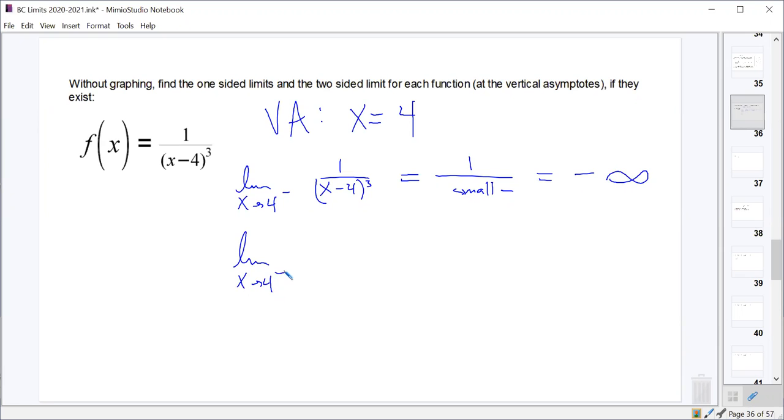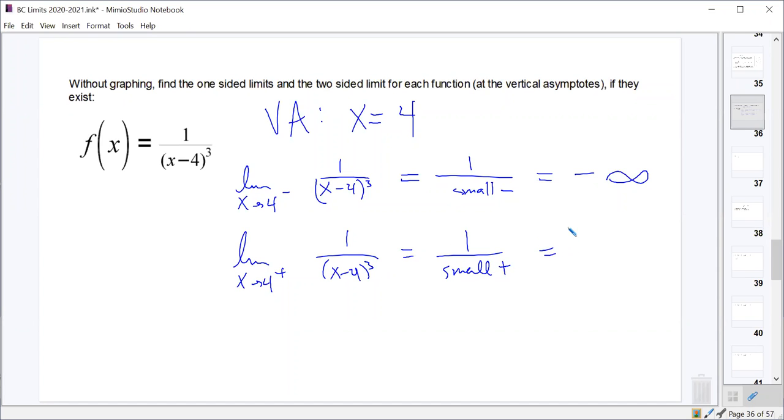And as x approaches 4 from the right of 1 over x minus 4 cubed, well, that's like 4.00000000001 minus 4, or 0.00000000001 cubed, which gives us 1 divided by a very small positive.